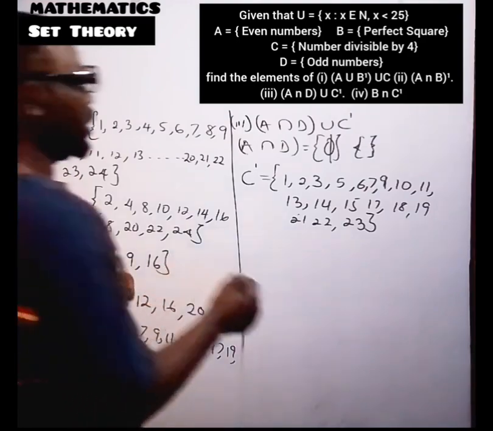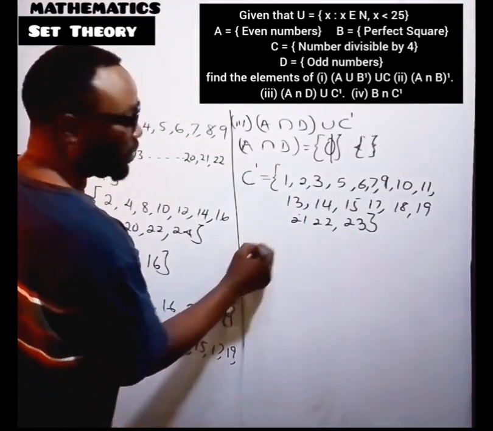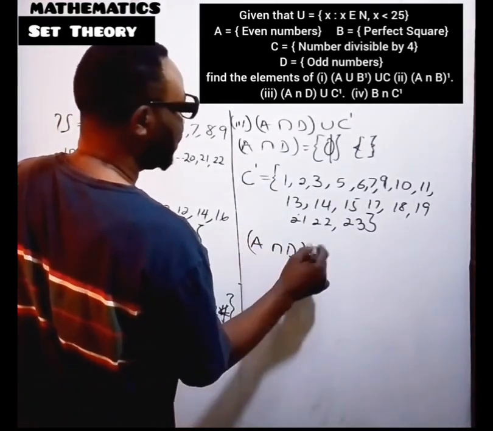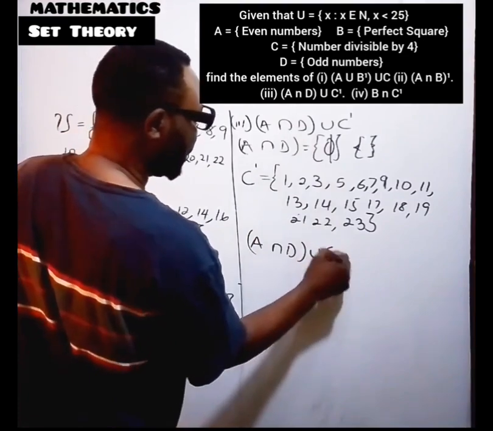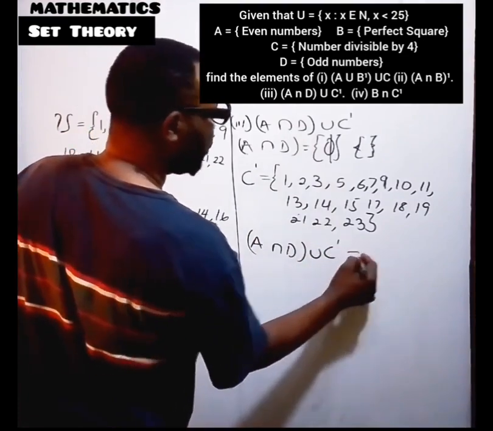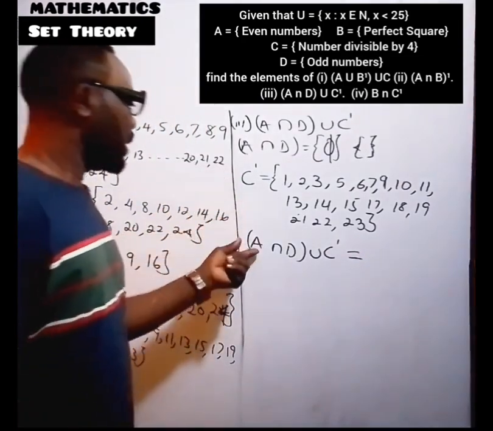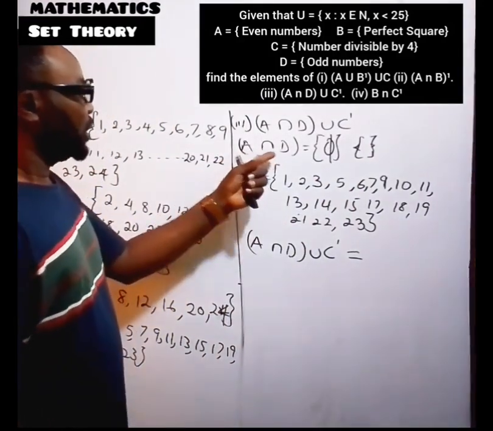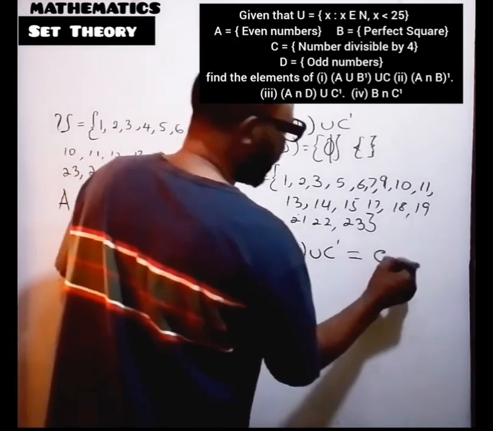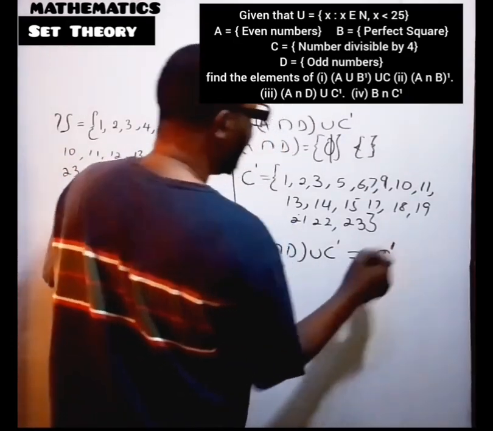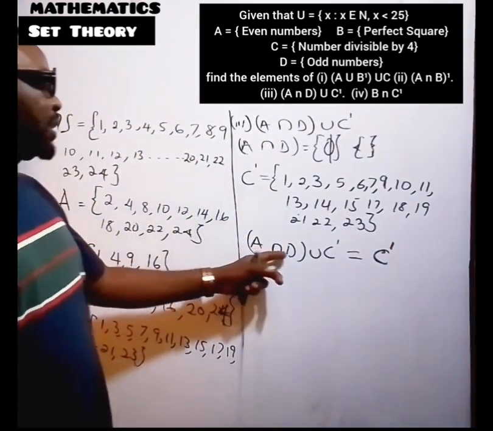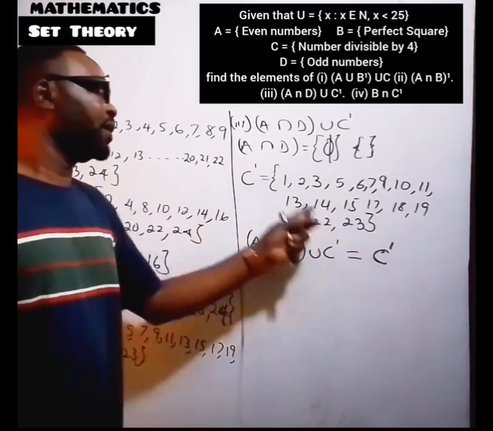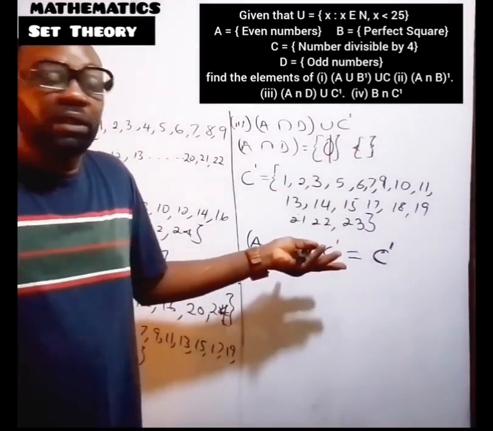Now, after we've been able to get that, for us to find the value of A intersection D union C complement, since A intersection D is a null set, that will be equal to C complement, the value we have for C complement, because it's everything plus nothing.